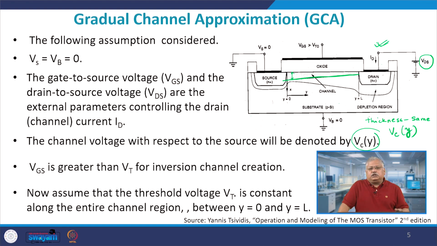Now, let us assume that the threshold voltage is constant, and we try to find out the total charge between y equals 0, this point, and y equals L, this point. So this is my (0, 0) point, and this is (0, L) point, and this is the x direction which you see in the transverse direction.